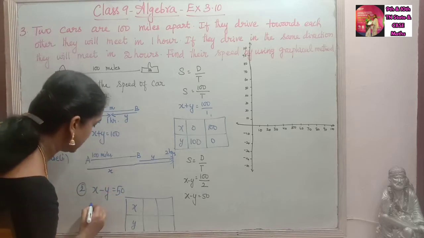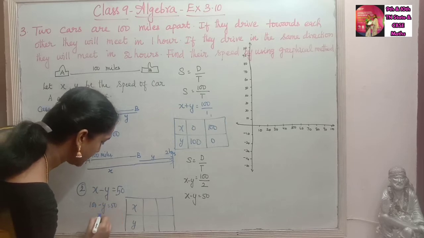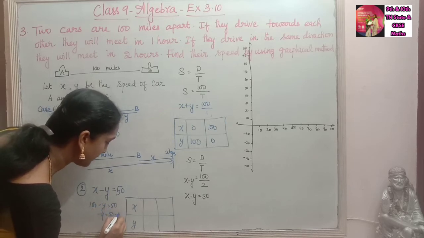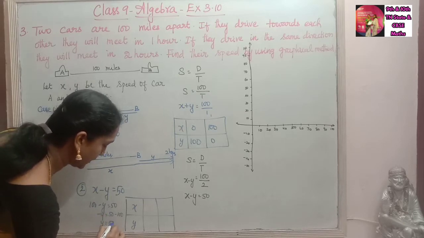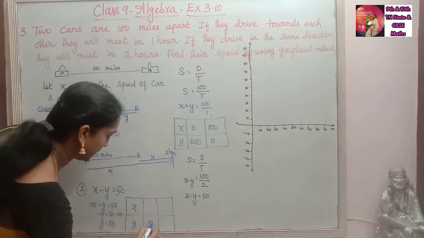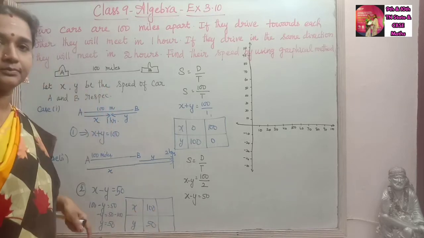So 100 minus Y is equal to 50. Minus Y is equal to 50 minus 100. So we will get Y is equal to 50.